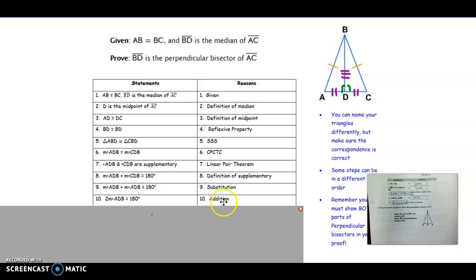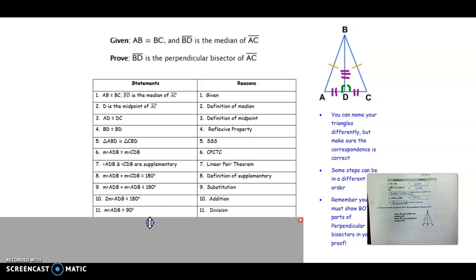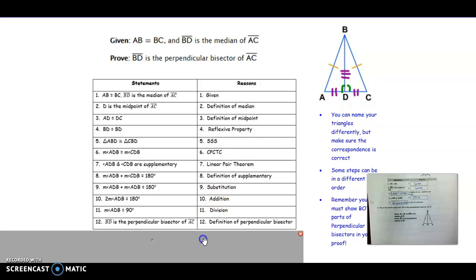So I just did addition is all I did. So that's 2 measures of angle ADB. And I'm going to get rid of that 2 by dividing. So I'm going to divide that away, and that shows that the measure of angle ADB is 90 degrees. So if this segment makes a 90-degree angle with that segment, what can we say that those segments are? We can say that they're perpendicular.